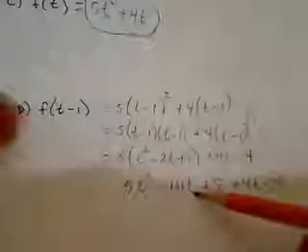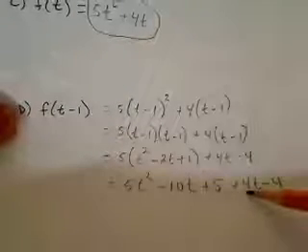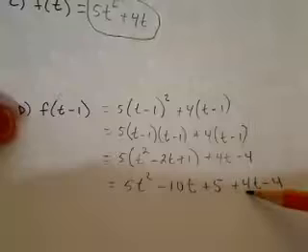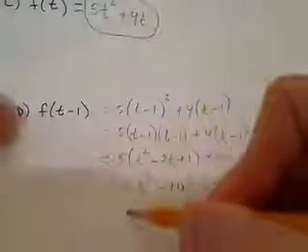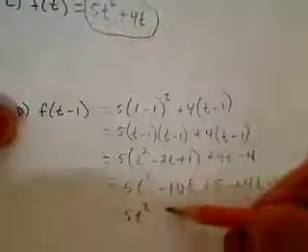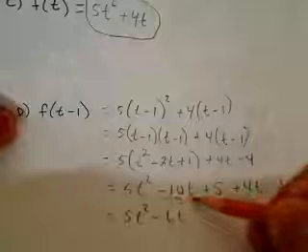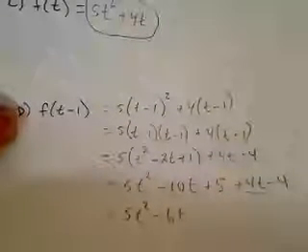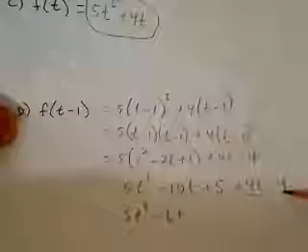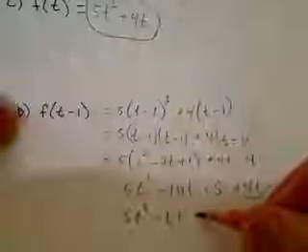So we have negative 10t and a positive 4t we can combine. Those are like terms. So we get 5t squared, writing in descending order first, minus 6t, that's combining the negative 10t and a positive 4t. And then we're going to combine positive 5 plus a negative 4, which becomes a positive 1.